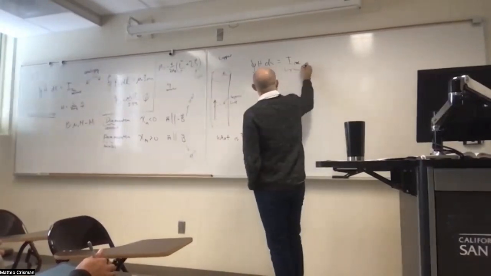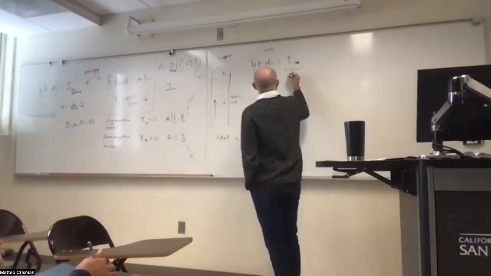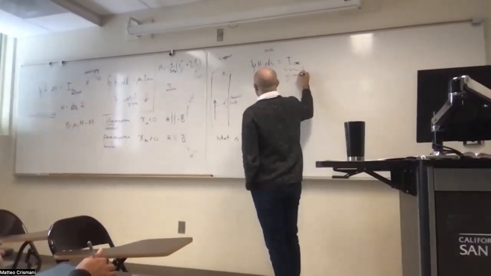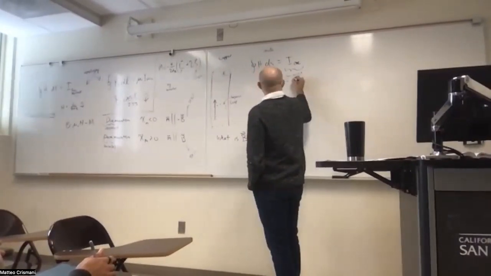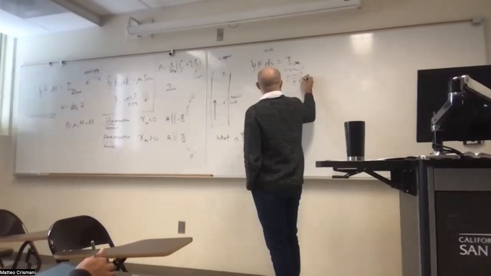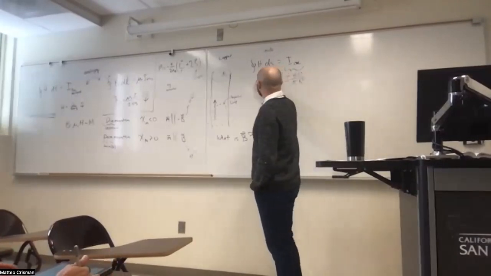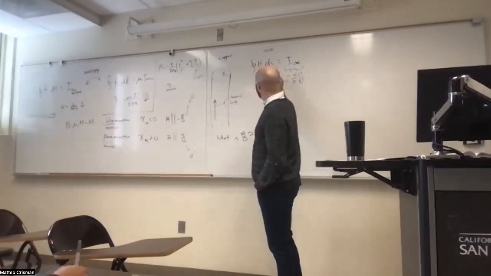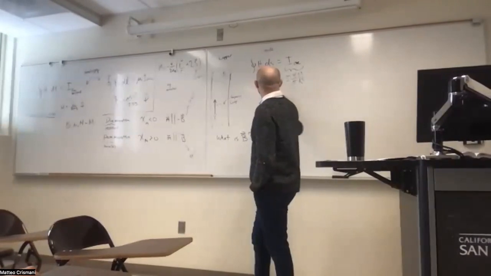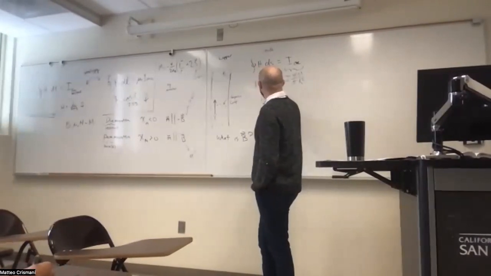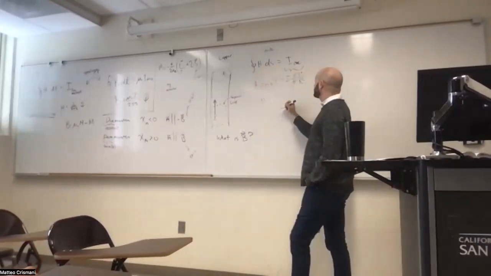So this piece, when I'm inside, is going to be I pi s squared over pi r squared, and those will cancel. And this piece here is H times 2 pi s, correct? So what's H inside? It's 1 over 2 pi.